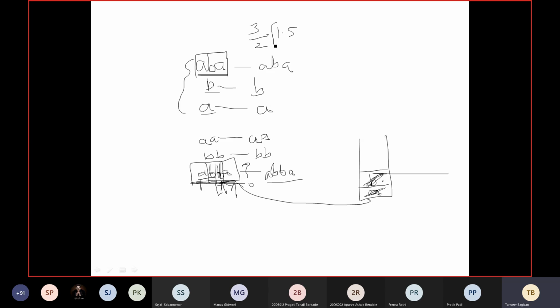So the upper integer of 1.5 is 2, and the lowest integer of 1.5 is 1.